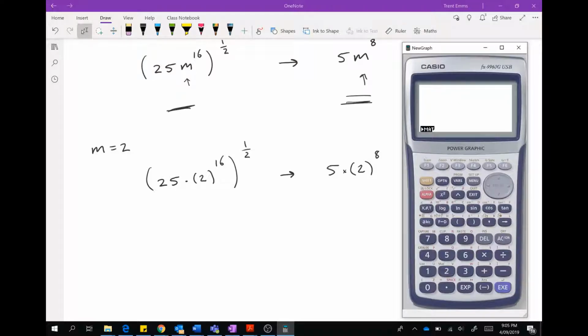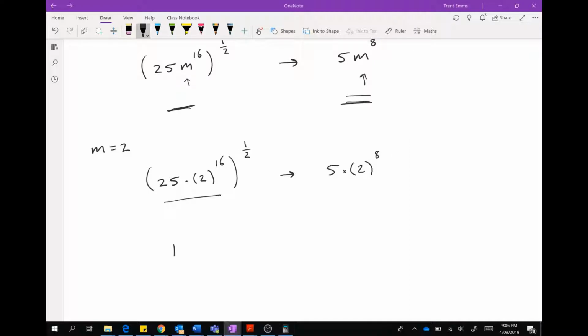Right, so the first one here, we've got 25 multiplied by 2 to the power of 16, and all of that, so we're going to bracket that all up, all of this is to the power of 0.5, and we get an answer of 1280.